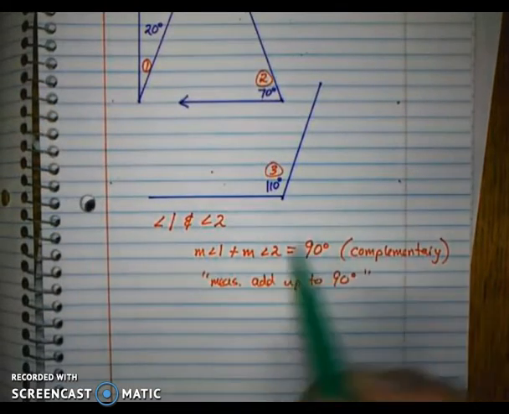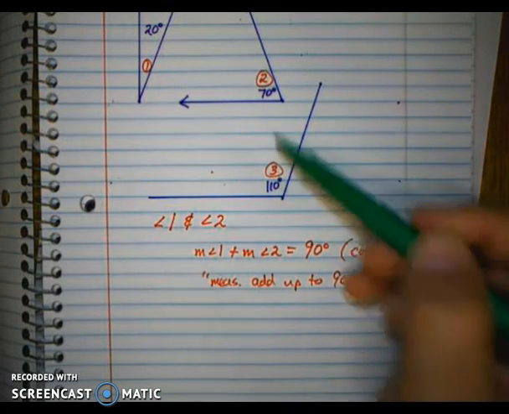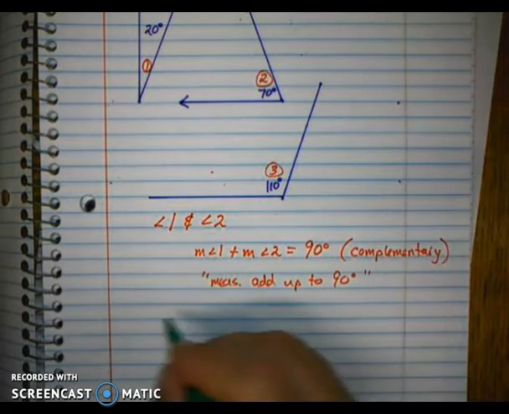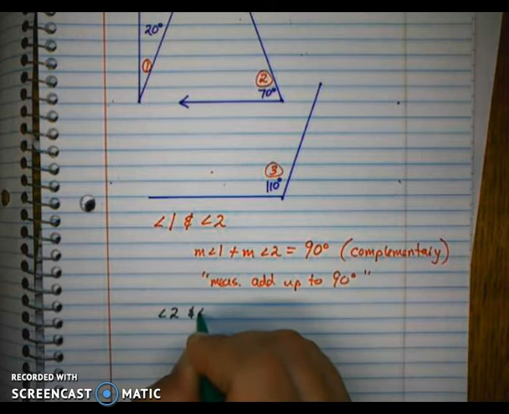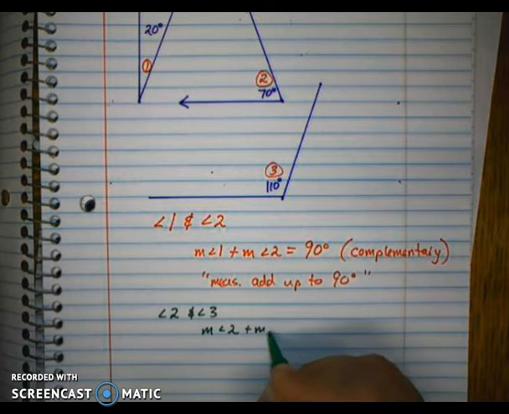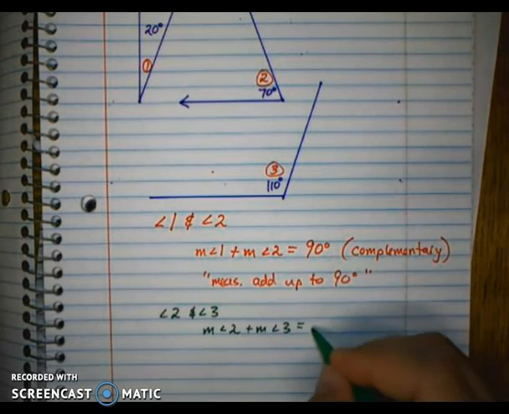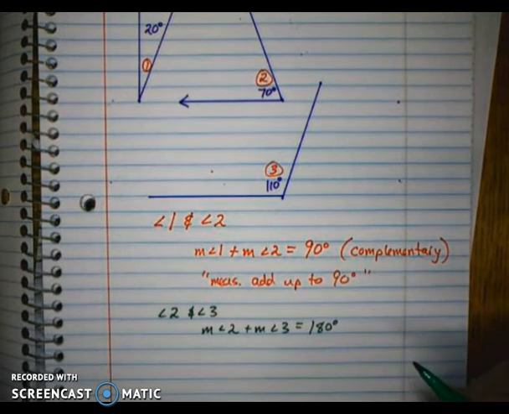Then I want us to look at angles 2 and 3. If I look at their measures, 70 and 110, the measure of angle 2 plus the measure of angle 3, in this case 70 plus 110, adds up to 180 degrees.